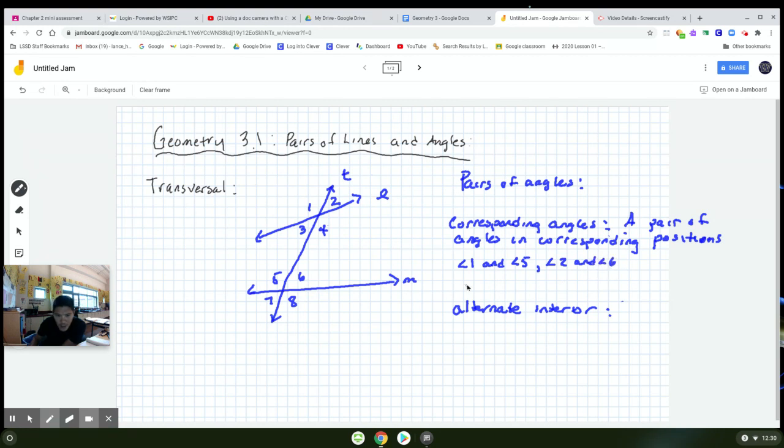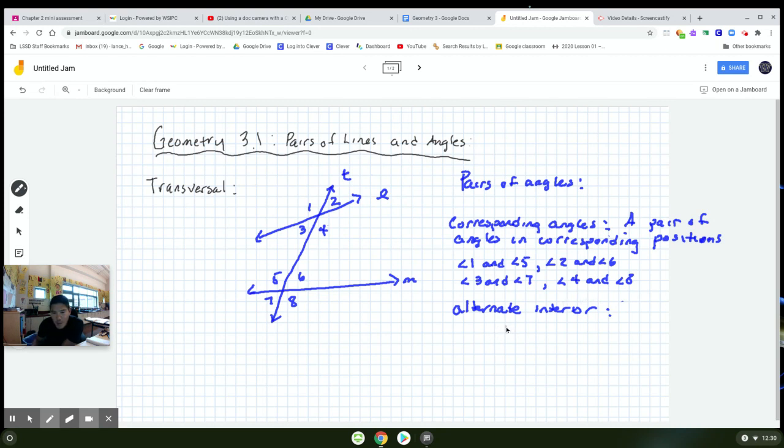There's more corresponding angles in the diagram. Angles 3 and angle 7 are corresponding angles. And then lastly, angles 4 and angle 8 are corresponding angles. Those are pairs of angles.